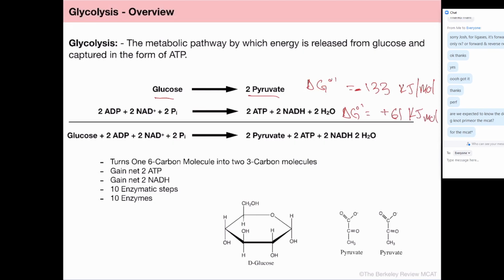So generating this ATP is not favorable unless you pair it with the breakdown of glucose going to pyruvate. And so the net delta G is going to equal negative 72 kilojoules per mole.